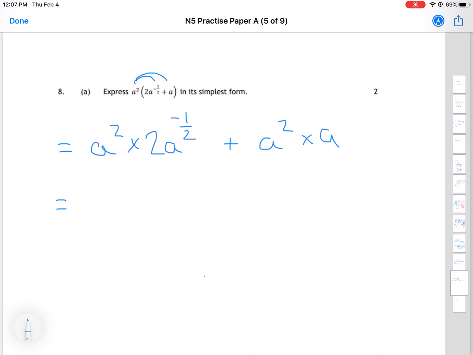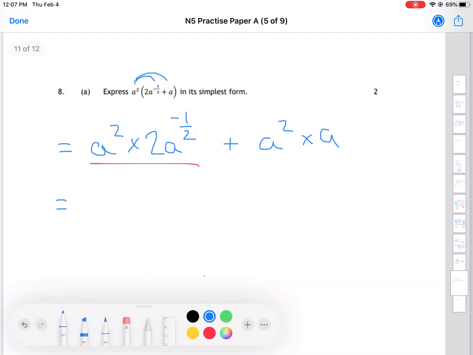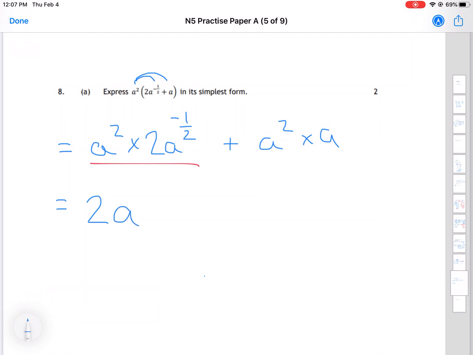We multiply the two front numbers, that's 1 times 2, which is 2. Add your 2 powers, so 2 plus negative a half gives you 1.5, basically 2 take away a half. You can keep that as 3 over 2 if you like as well. We're adding on to that a squared times a, which is a cubed.